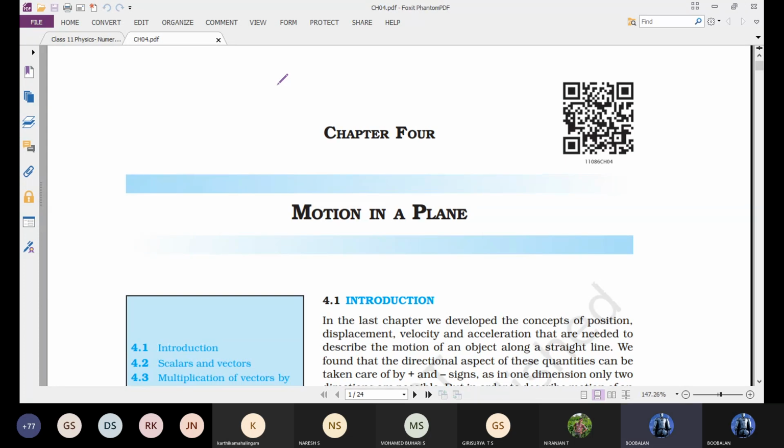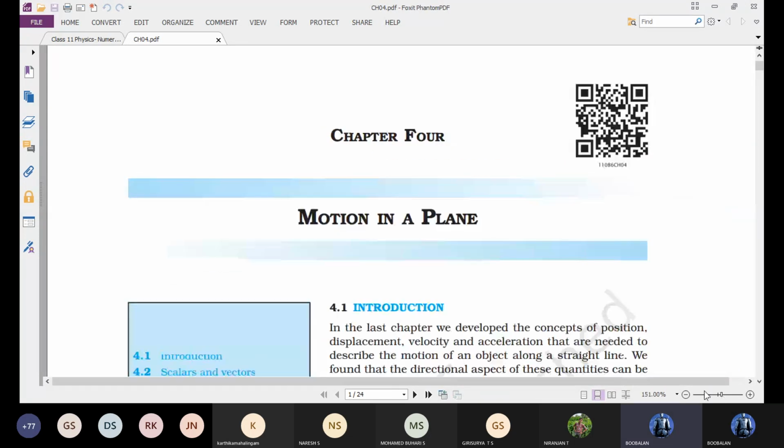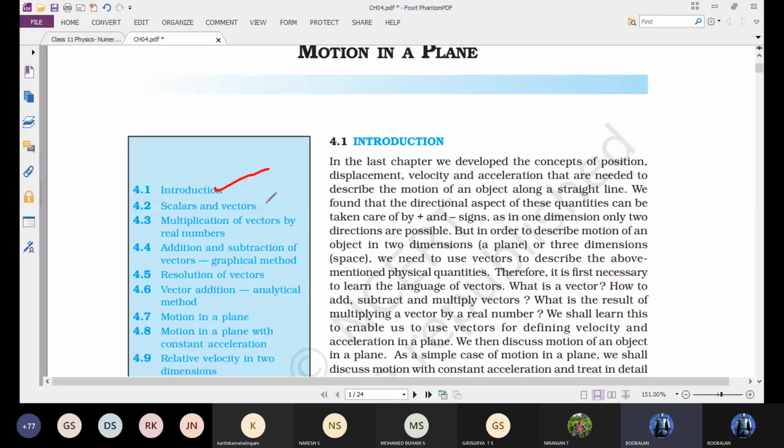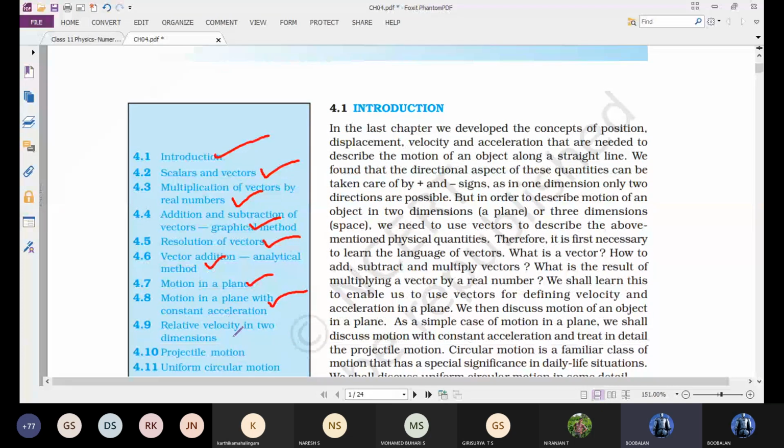Now listen. In your NCERT book: introduction, scalar, vector, multiplication of vector by real numbers, addition and subtraction by the graphical method, resolution of vector, vector addition by the analytical method, motion in a plane with constant acceleration, relative velocity.